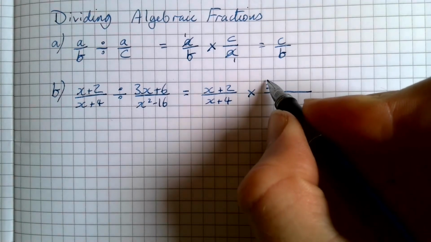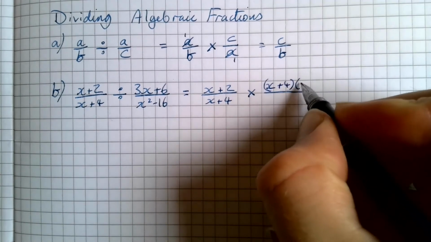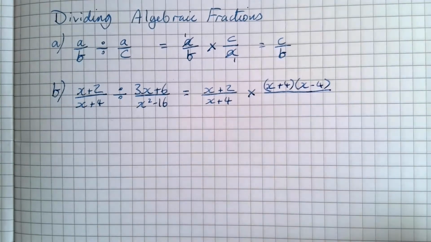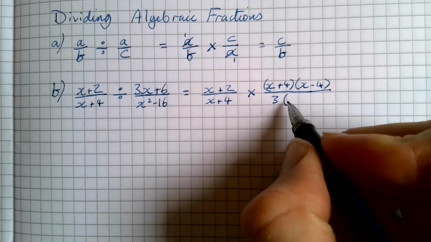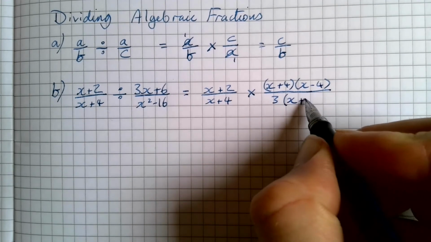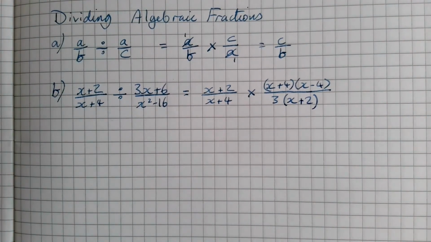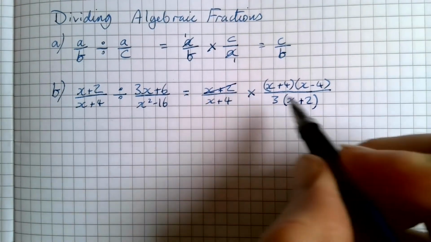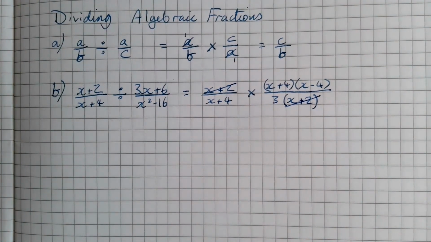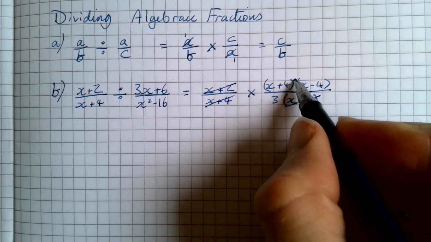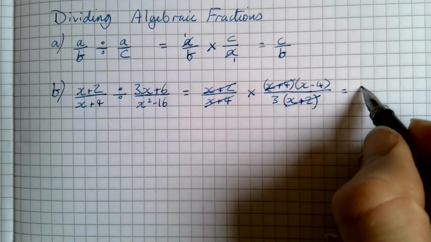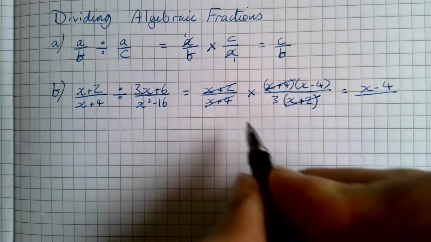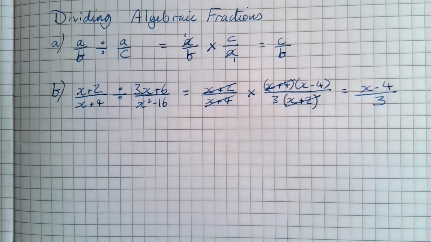So 4 squared is 16, so it'll be x plus 4 times x take 4, and that's all going to be over, well 3 goes into 6, so we can factorise that as well, which gives us 3 times x plus 2, and then hopefully we can see that I can cancel that with that, and I can cancel the x plus 4 with that, which gives us 1 times x minus 4 is just x minus 4, and 1 times 3 is 3, and that there is our answer.